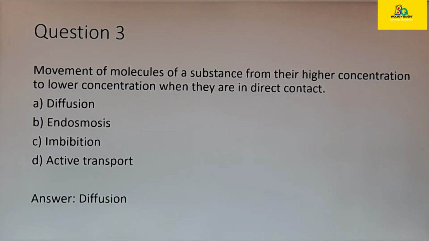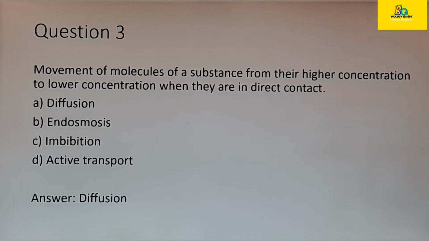Okay. If you look at the other options, endosmosis is a type of osmosis where water movement occurs from outside to the interior of the cell, that is endosmosis. Endosmosis occurs when a cell is placed in hypotonic solution. Imbibition, what is imbibition?